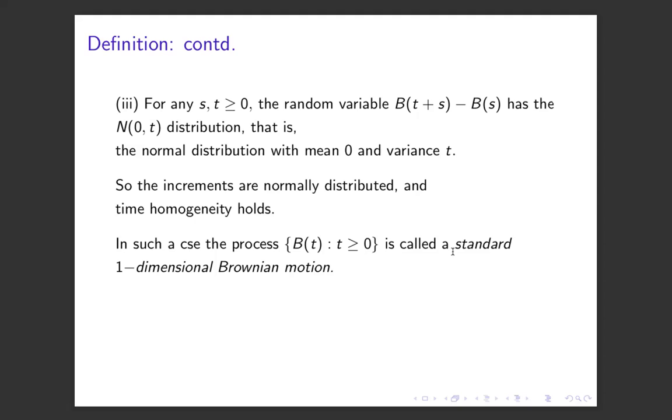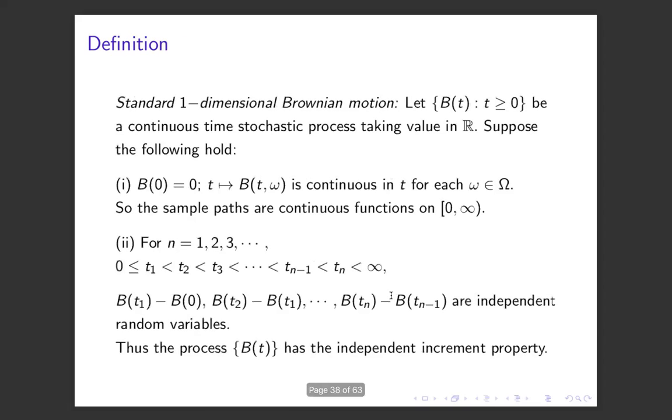Okay. Could you go back to the second point? The independent increments? It's just like the independent increment property you have seen in the case of the Poisson process.